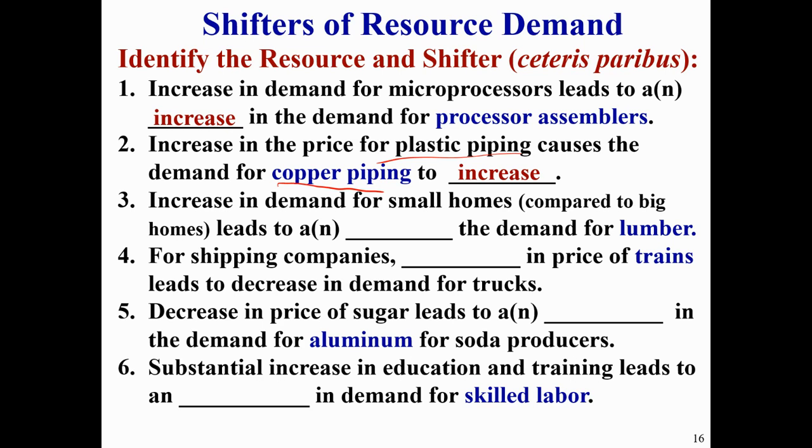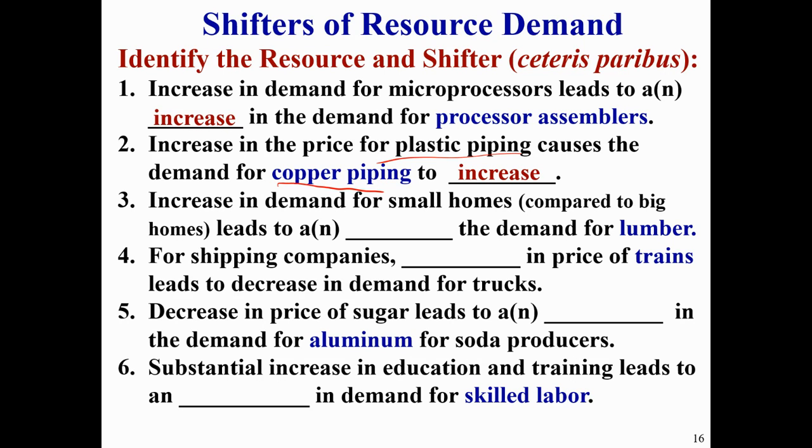If I have an increase in the price for plastic piping, it causes the demand for copper piping to increase. Okay? So an increase in the price for a substitute resource, sorry guys, would make the demand for its substitute resource increase.